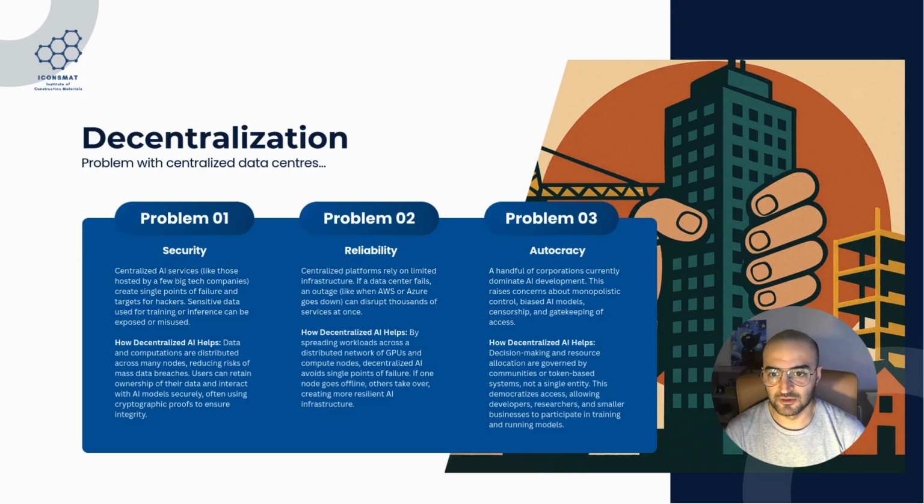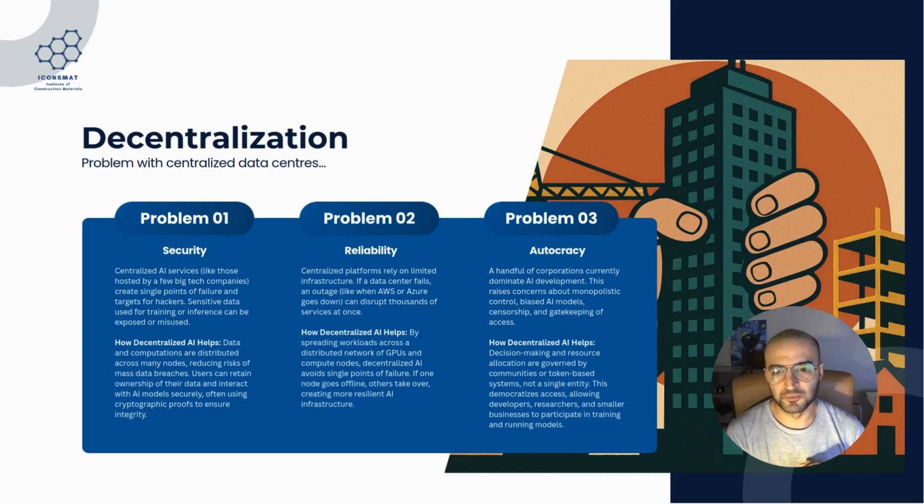Sensitive data used for training or inference can be exposed or misused if everything is collected in one place. Decentralized AI helps tackle the security issue because data and computation are distributed across many nodes, reducing risks of mass data breaches, and users can retain ownership of their data and interact with AI models securely, often using cryptographic proofs to ensure integrity.